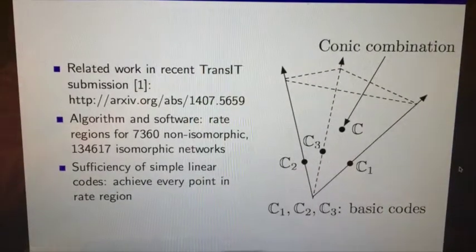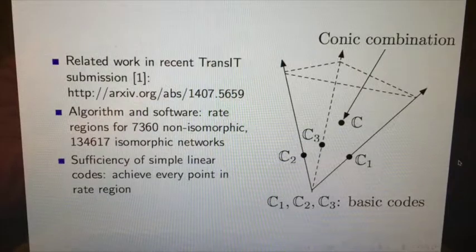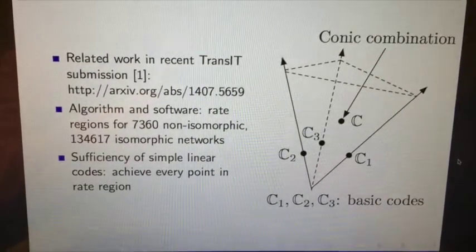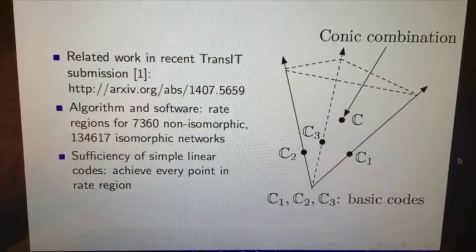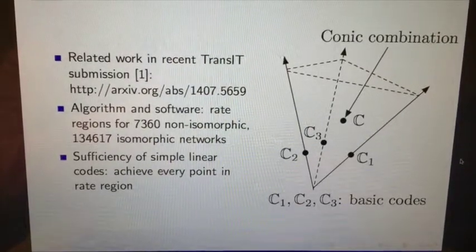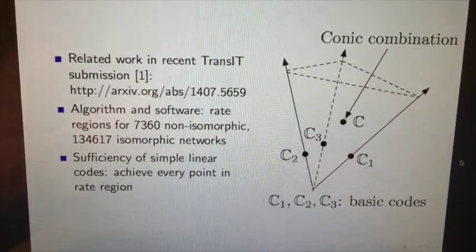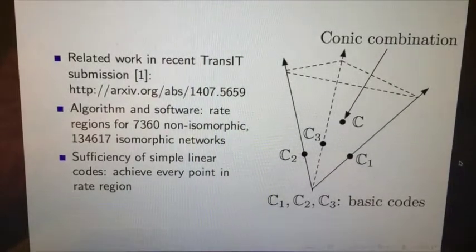At first, I would like to take this opportunity to advertise our related work in a recent submission to Transactions on Information Theory, which is also available on arXiv. In that journal paper, we presented the rate regions for 7,369 non-isomorphic networks, which represent more than 0.1 million networks.